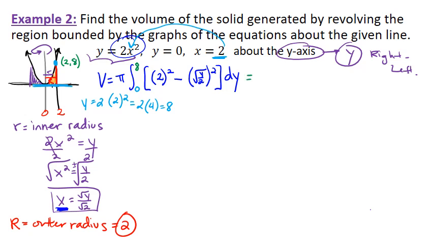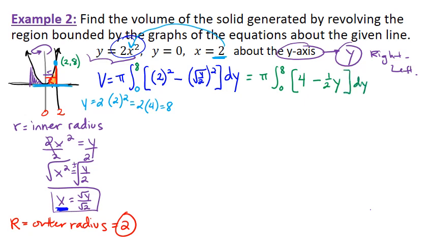Okay, so moving on to simplify all of this, I have pi times the integral from 0 to 8 of 4 minus, when I square this, I simply get y over 2, or let's write this as 1/2 y, dy.